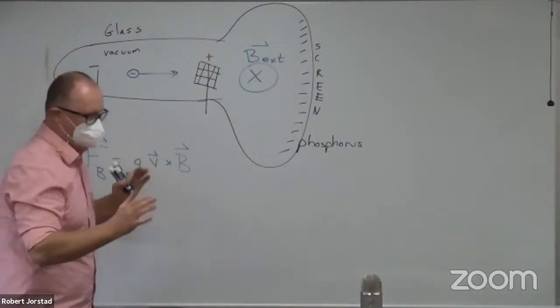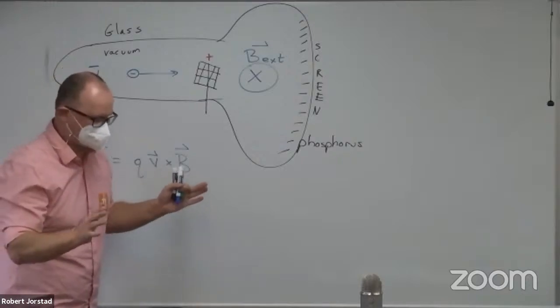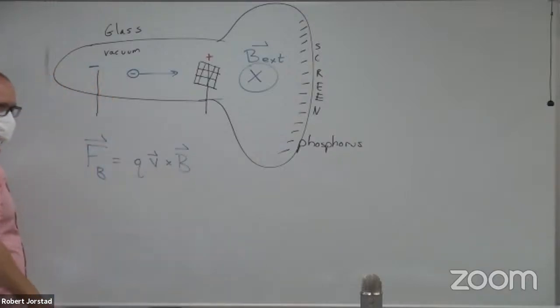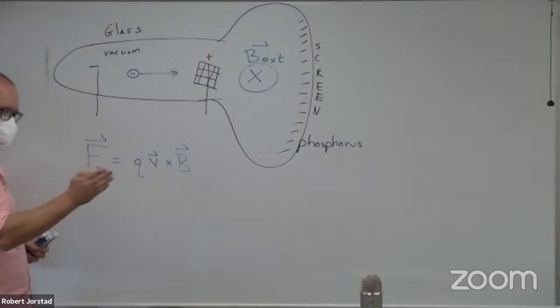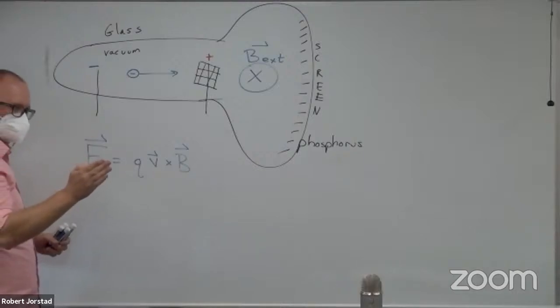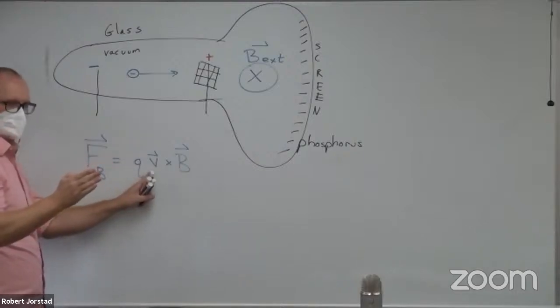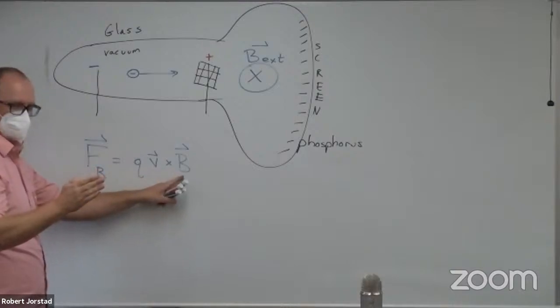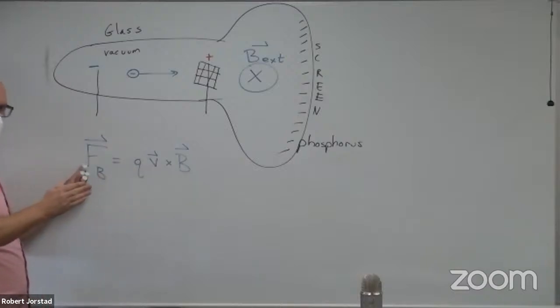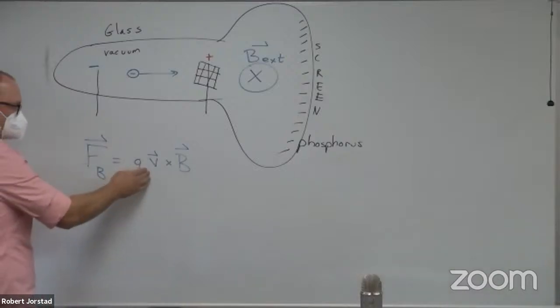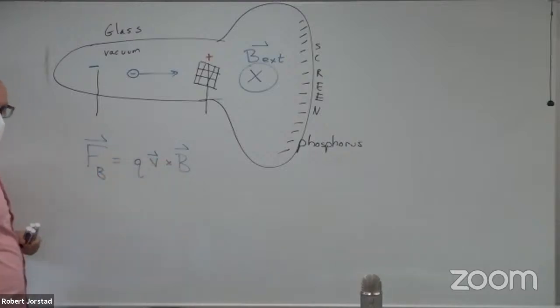Does anybody remember any right-hand rules for any cross products ever? Line up your fingers with the first thing. Curl them to the second thing. Thumb points in the direction of the output. So first goes to second, goes to output.